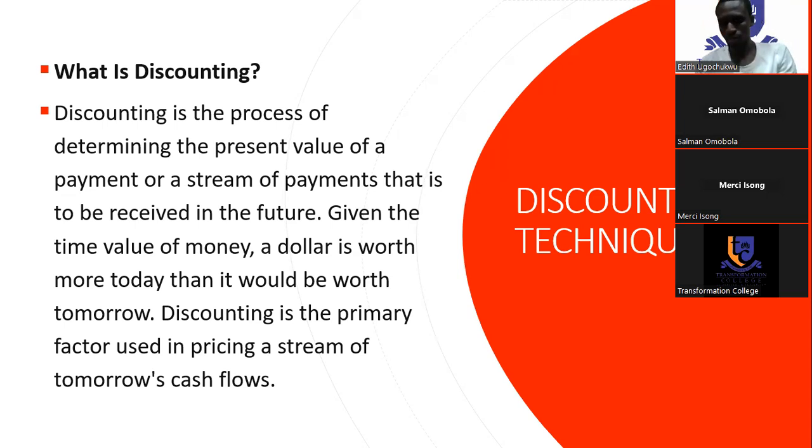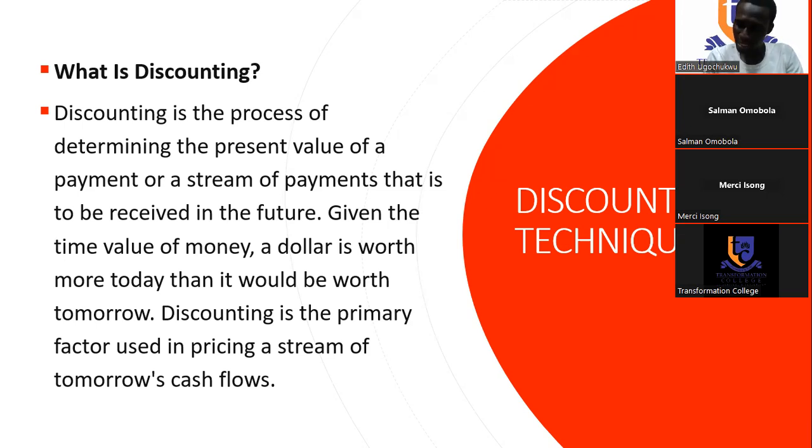Pay attention. If we project to embark on an investment, and in the first year of that investment we are going to have a future cash inflow of 200,000, what does discounting mean?